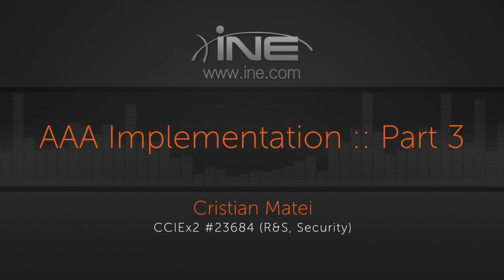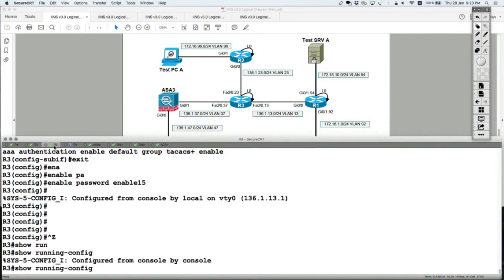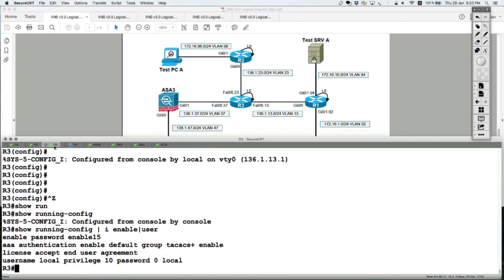Now something else which is relevant from a security point of view, if you say show run include enable and user, I have configured both the user and the enable password using the password keyword. So the password of the user is configured using the password keyword.